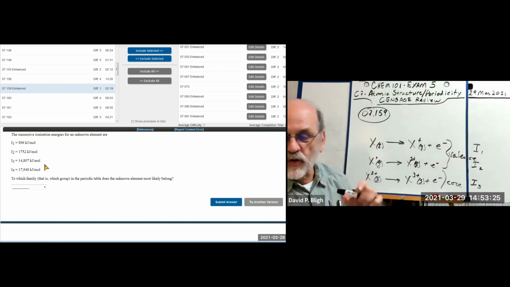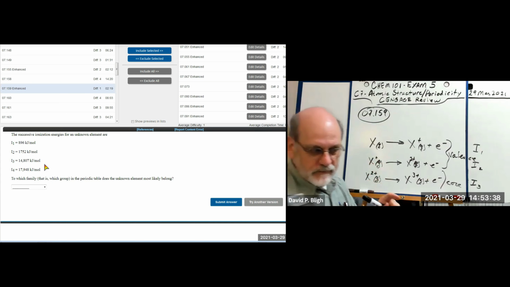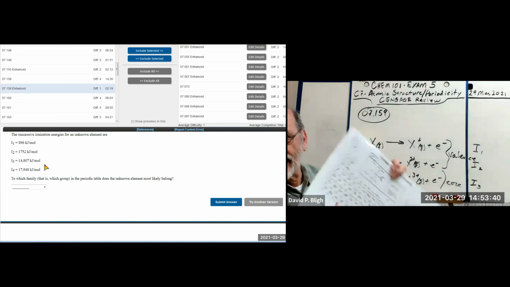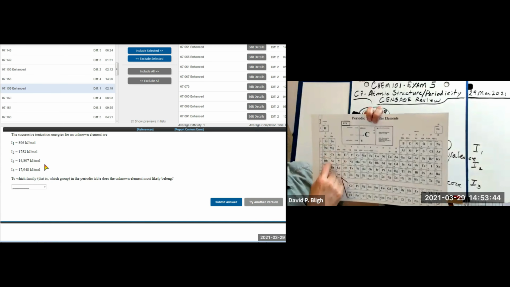So which group in the periodic table has two valence electrons, and the third one is in the core? The second group, the alkaline earths, this group.